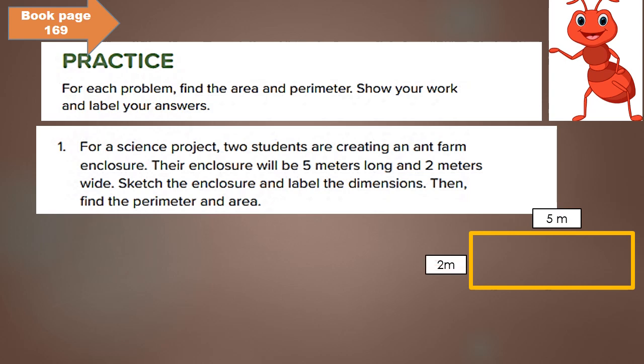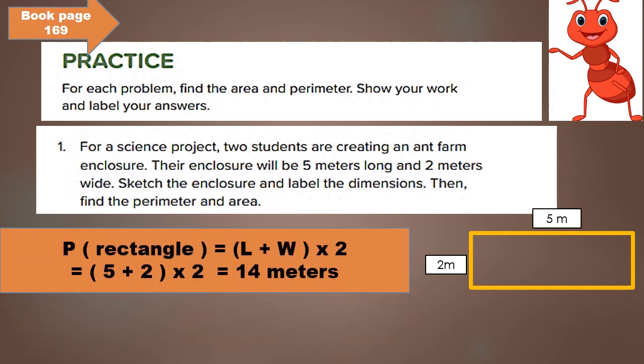So let's get the perimeter. Who remembers the perimeter of rectangle? Yes, the perimeter of rectangle, length plus width all times 2. So let's substitute each letter by its number. 5 plus 2 all times 2. 5 plus 2 equals 7, and 7 times 2 equals 14 meters.